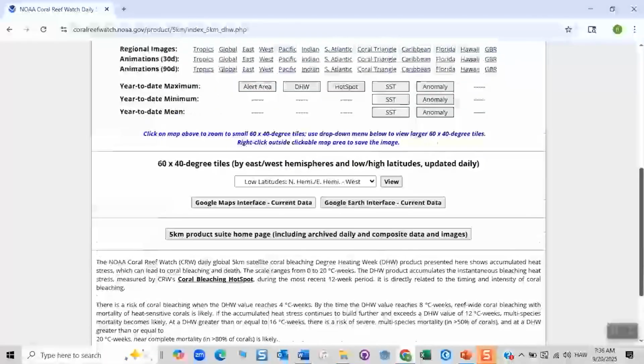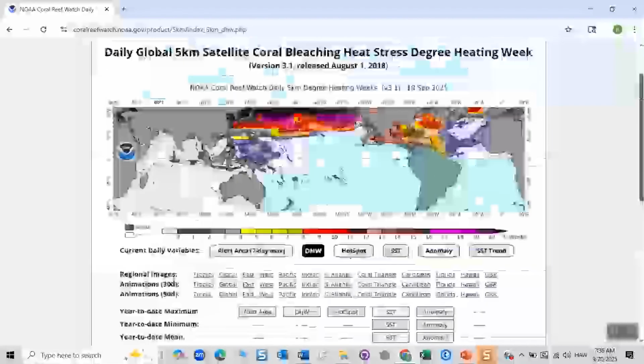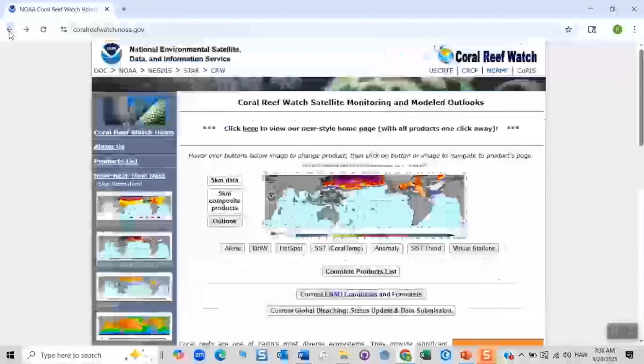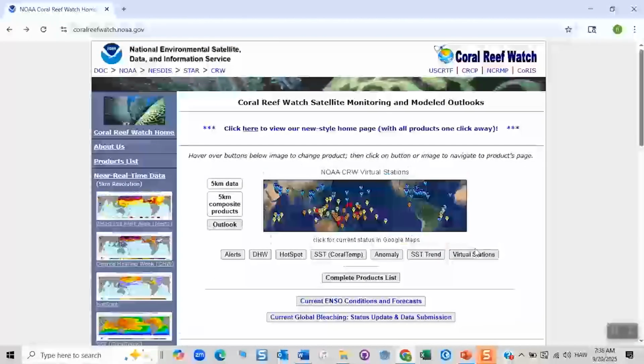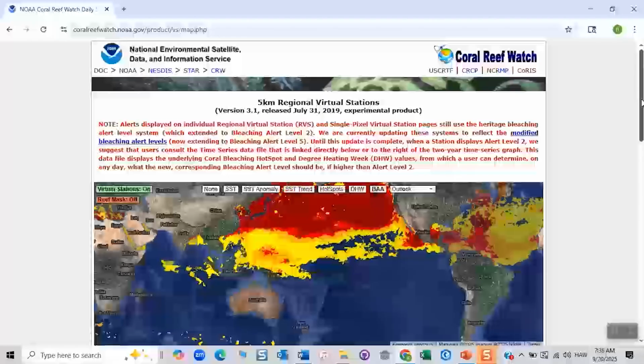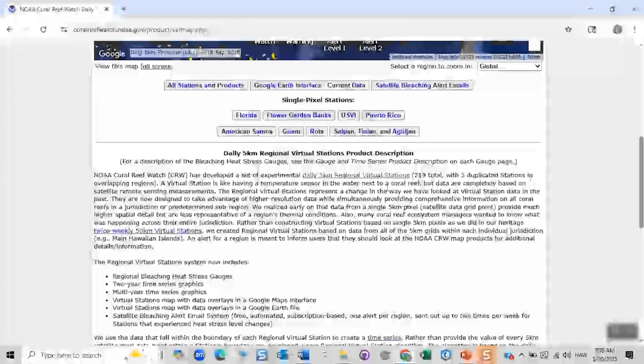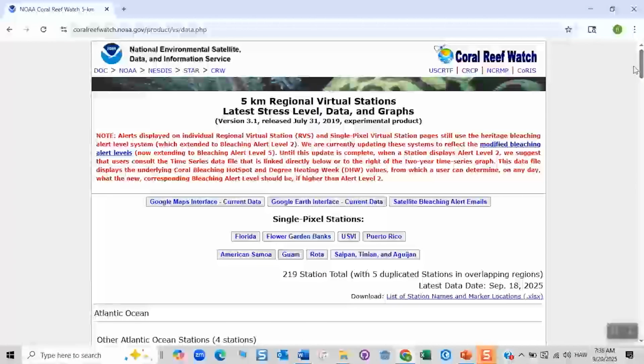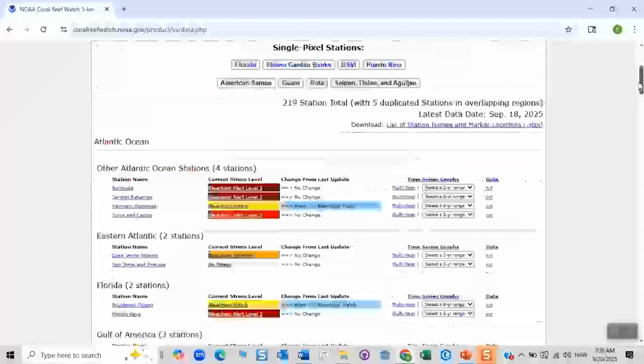If we were to look back at that graph that I had shown earlier in a little bit different way, we can go into our virtual stations and come down to our daily 5 kilometer regional virtual stations.